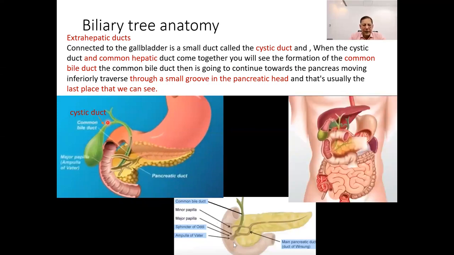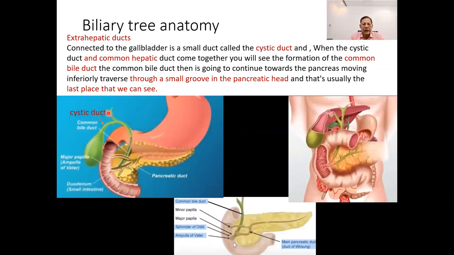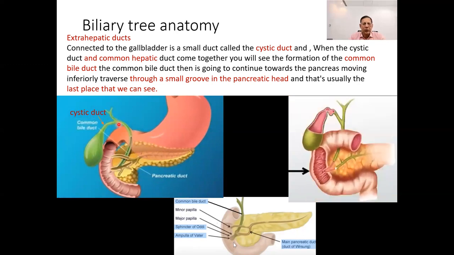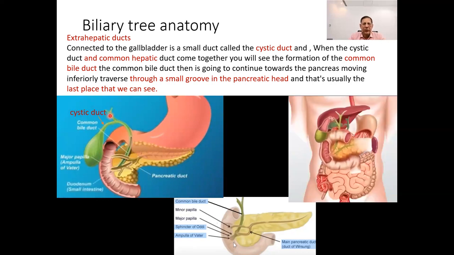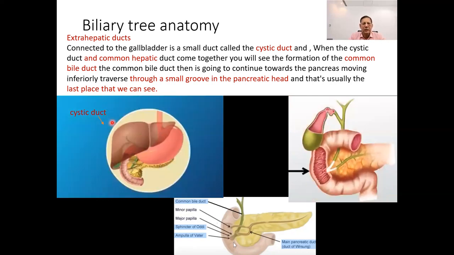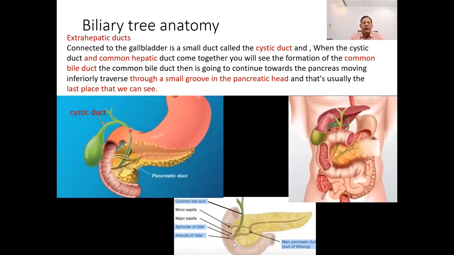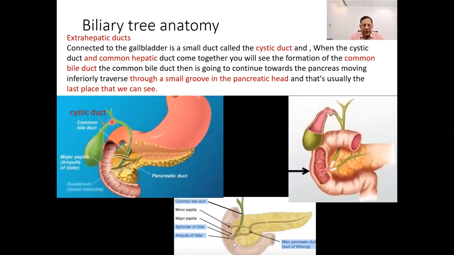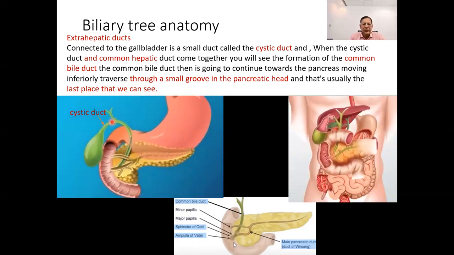This is called the cystic duct, and this cystic duct will come to join the common hepatic duct at a point where it is just leaving the liver. By the union of this cystic duct from the neck of the gallbladder and the common hepatic duct from the liver, they join together to form a larger duct which is called the common bile duct. This is the largest duct among all intrahepatic and extrahepatic ducts.